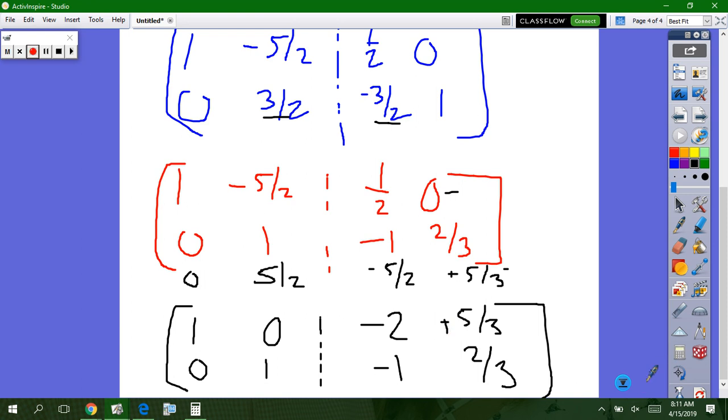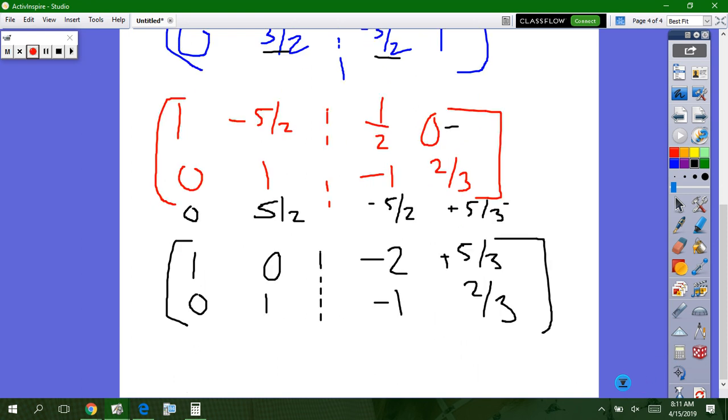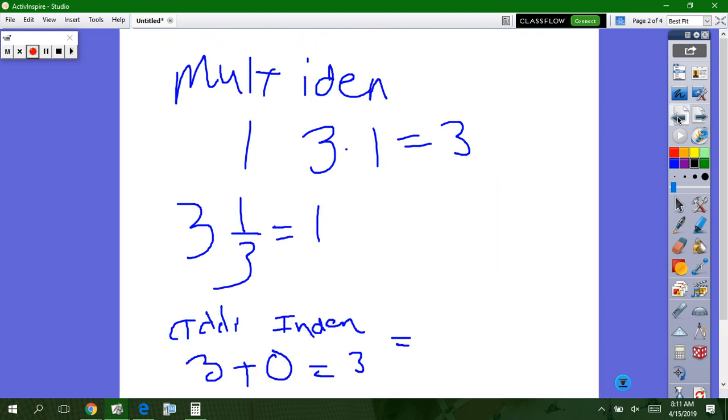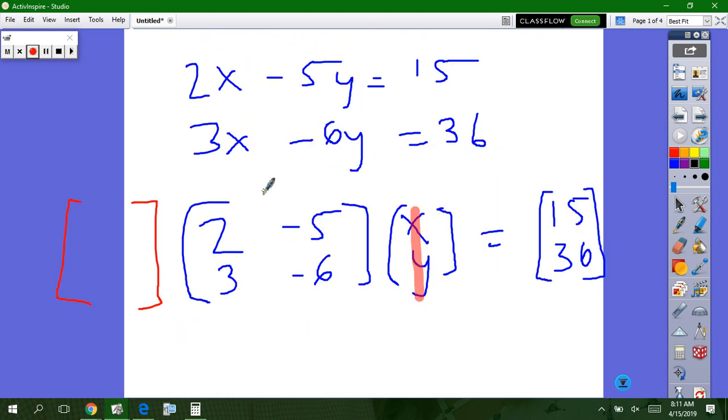All right, everybody good? So we're going to call this matrix right here, I got to go figure out what I called him in the original. I'm going to call this matrix A, this matrix B, and this matrix C. Okay?